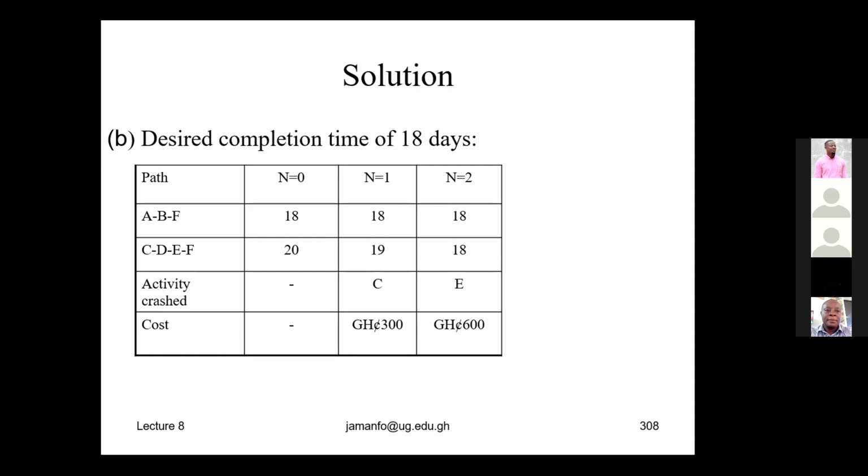It means we need to incur some extra cost to enable the contractor to finish the project in fewer days than originally anticipated. In our example, the originally anticipated number of days was 20 days. We said 20 days is unacceptable to us, so we need to bring it to 18, and we'll do so at a cost of 900 Ghana cedis.